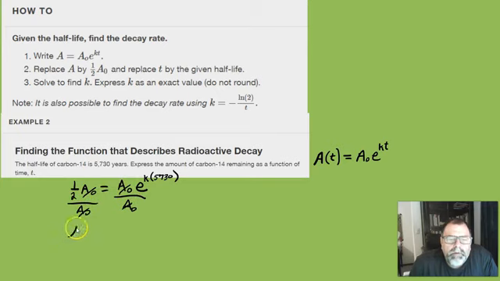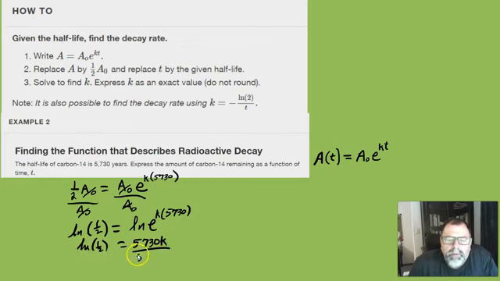And then we're going to do ln of both sides. Okay, so the ln and e cancel each other out. I'm going to rewrite this as 5,730k equals ln of 1/2, and then divide by 5,730.